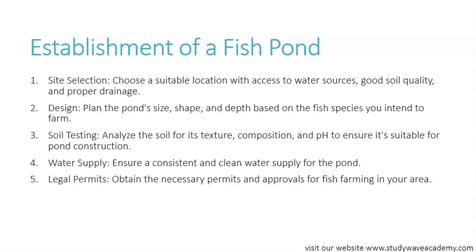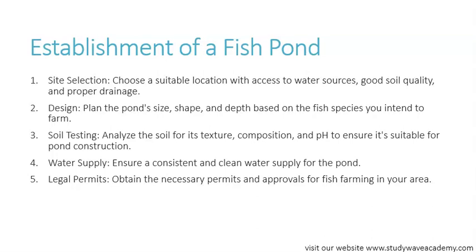Okay? Ensure water can flow into the pond. Clean water. Legal permits. Obtain the necessary permits and approvals for fish farming in your area. Get the needed permissions. Do we understand?